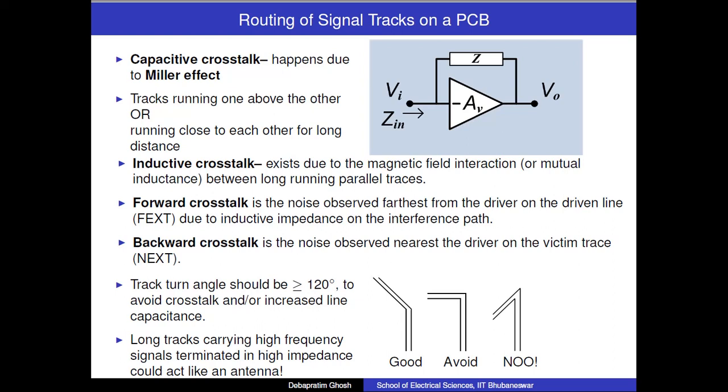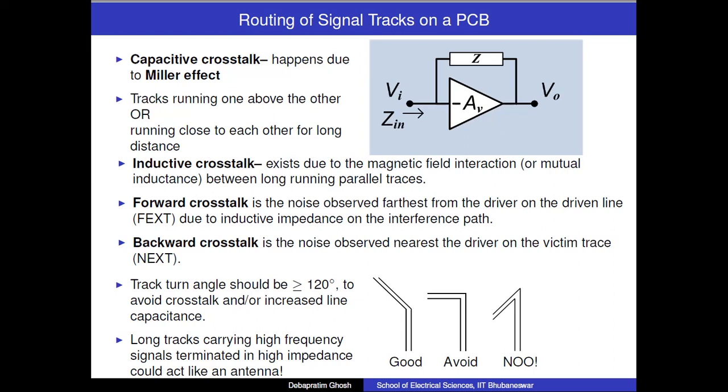Then in that case, VI and VO are of opposite polarity. When VI reduces, VO increases, and vice versa. So now, if the input and output lines of the amplifier are close by, and VI and VO are switching in opposite directions, then a parasitic capacitance can form between those two lines, and that is called capacitive crosstalk.